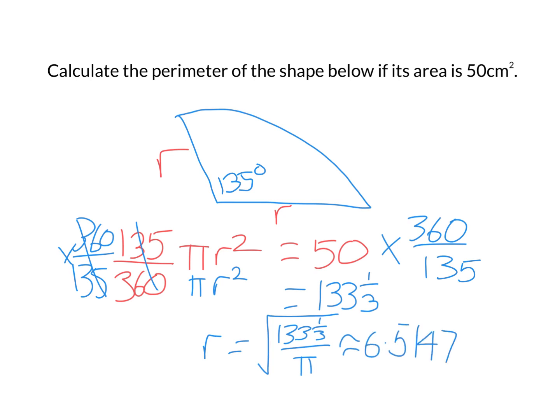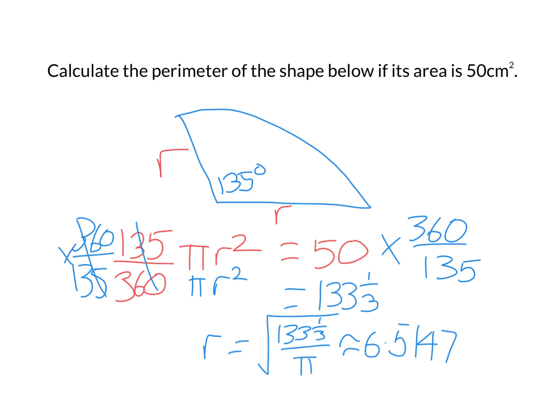I use 4 decimal places here because I'm now going to use this number in subsequent calculations. I want it to be as accurate as possible. So we found that if this shape here has an area of 50 centimeters squared, its radius is 6.5147 centimeters.